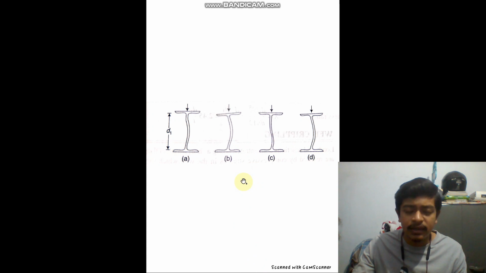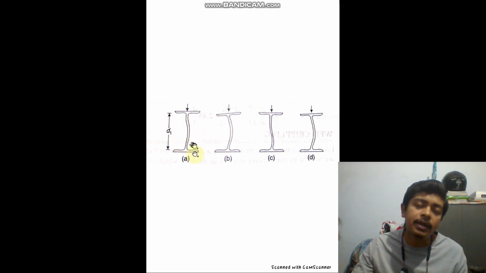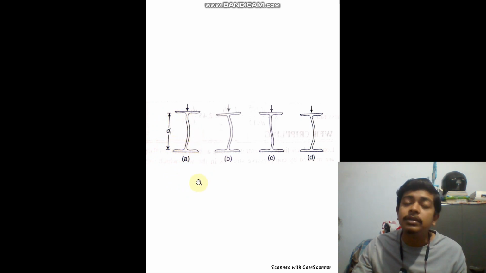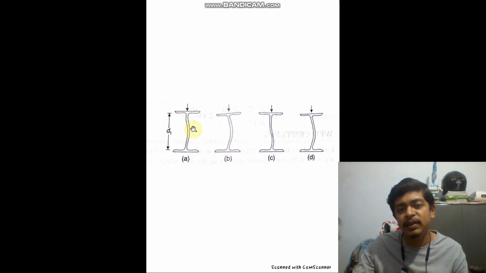Interestingly, we usually don't check for web buckling if the ratio d by tw, where d is the depth of the web and tw is the thickness of the web, is less than 67 epsilon, where epsilon is root over 250 by fy.